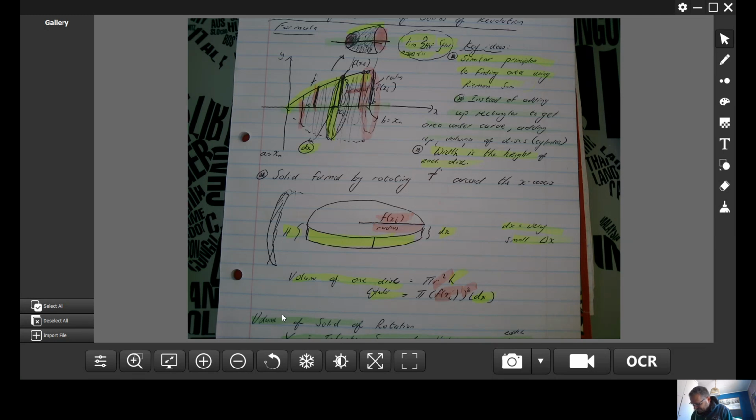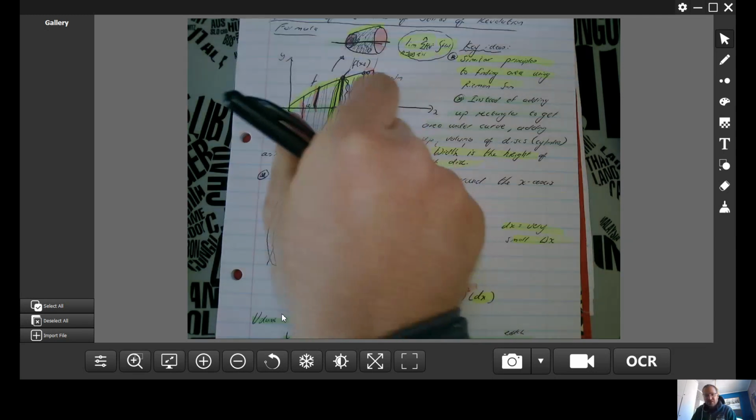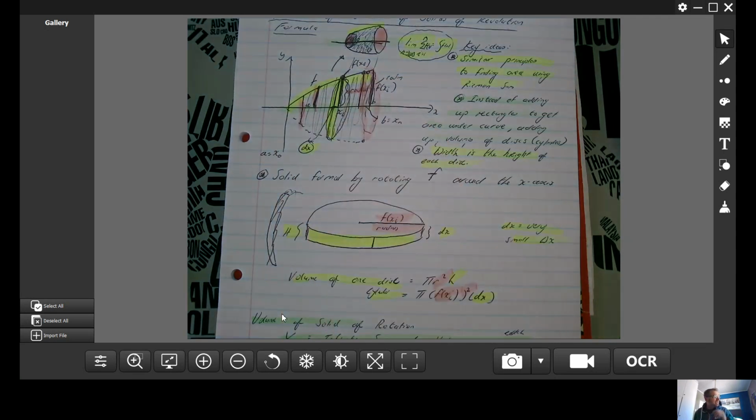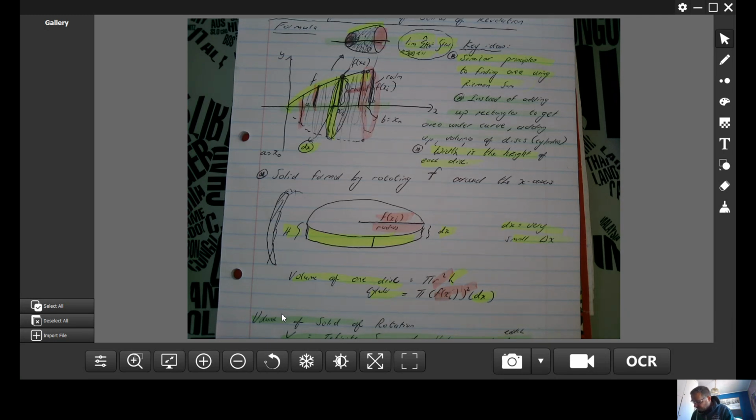Each disk has a volume, so we're adding up. We want to make the gaps infinitely small. Remember, the more disks you have, the more accurate your volume for your solid. That's why we take a limit to infinity. From i equals 1 to n, your formula for the volume of a disk is pi f of xi, squared, dx.